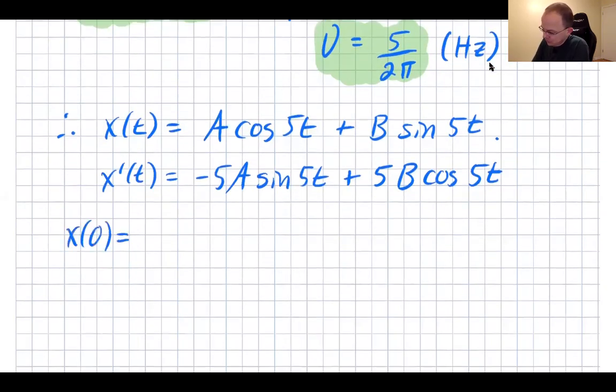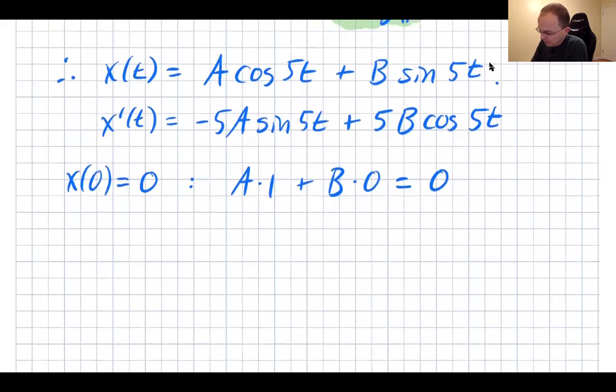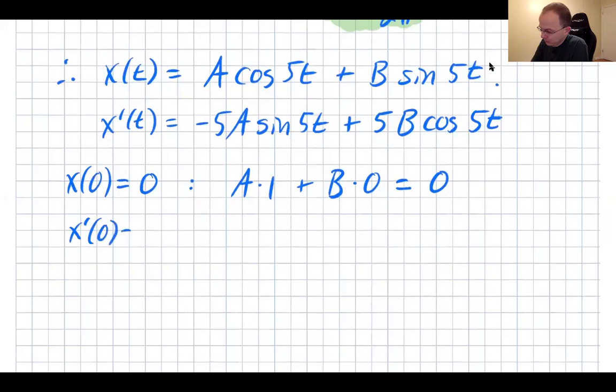Our initial condition x naught is equal to 0 tells us that a times cosine of 0, which is 1, plus b times sine of 0, which is 0, is equal to 0. And then x prime of 0 is equal to minus 10, so we have negative 5a times 0 plus 5b times 1, and that is equal to minus 10.